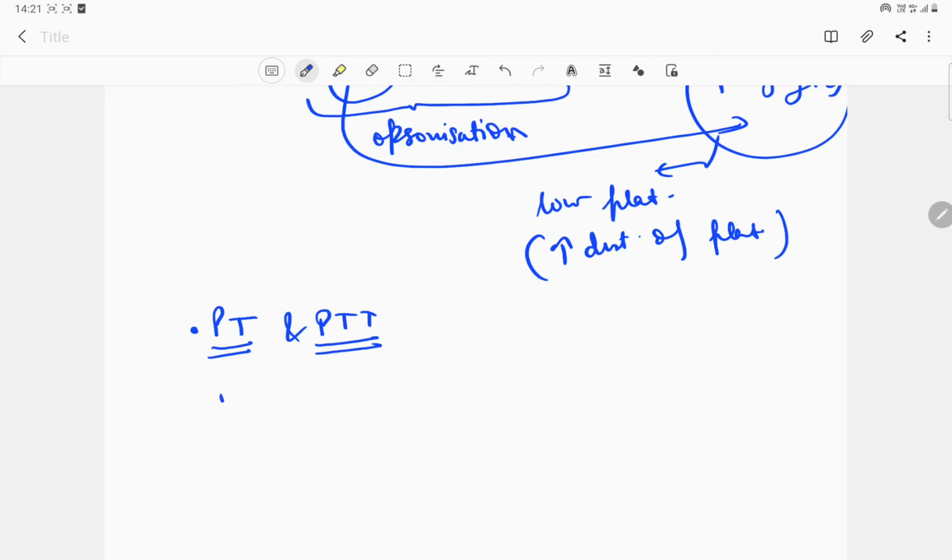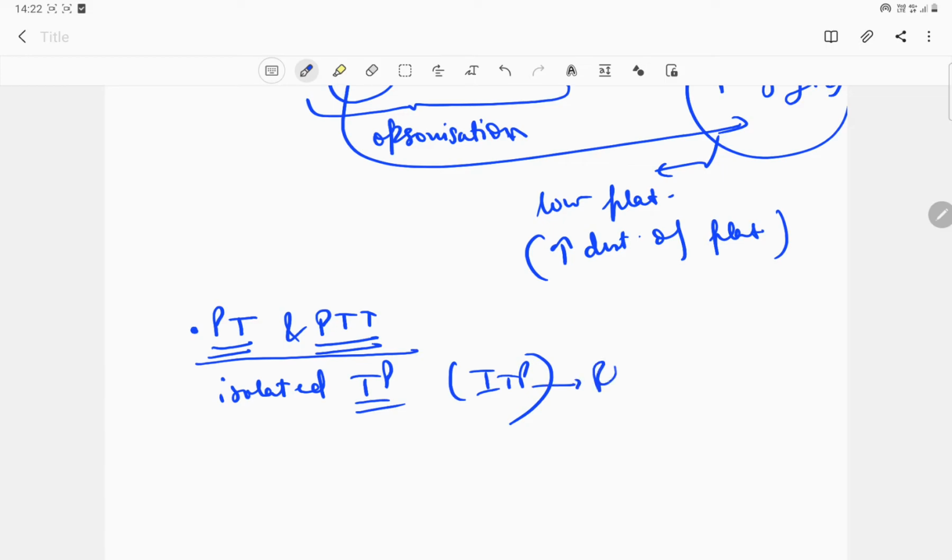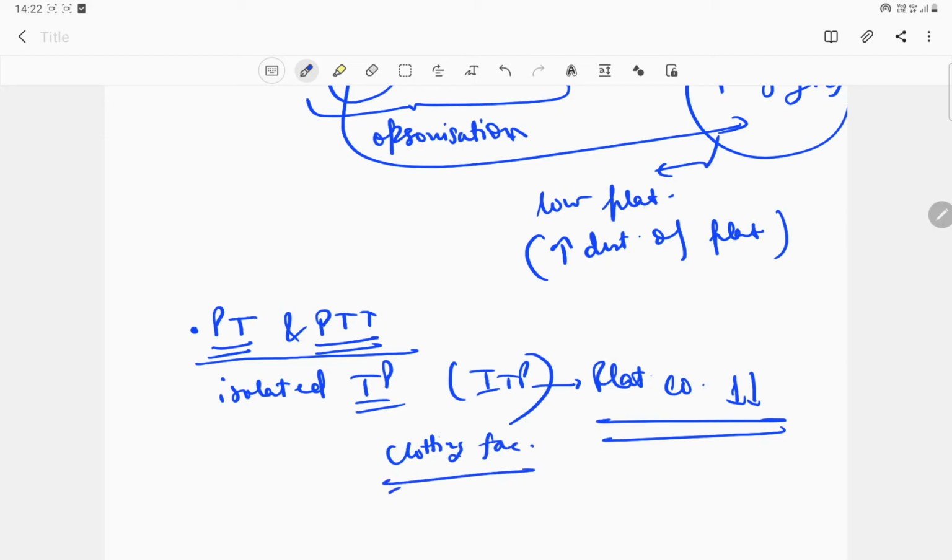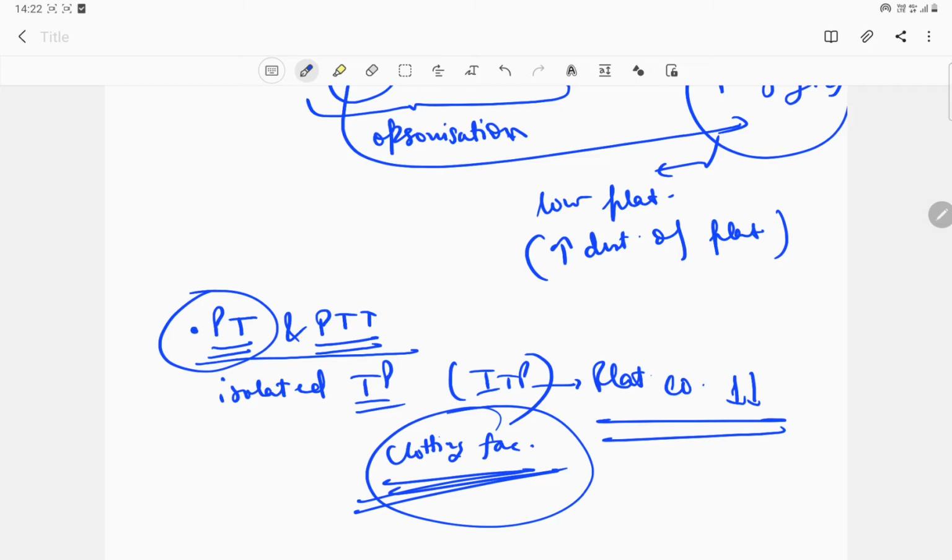In isolated thrombocytopenias, like in immunothrombocytopenia, the platelet count is low, but the clotting factors are not affected, and these are the proteins which are useful in the clotting process in PT and PTT.